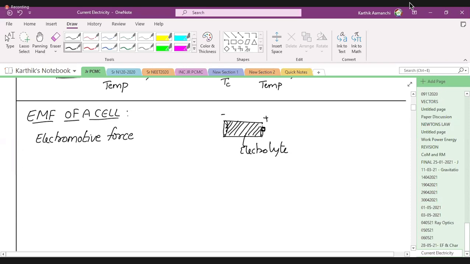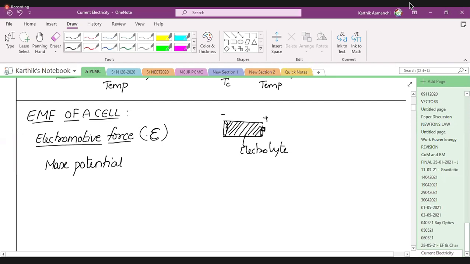Take down EMF of a cell. EMF is the maximum potential difference. EMF, in brackets, take it as epsilon.